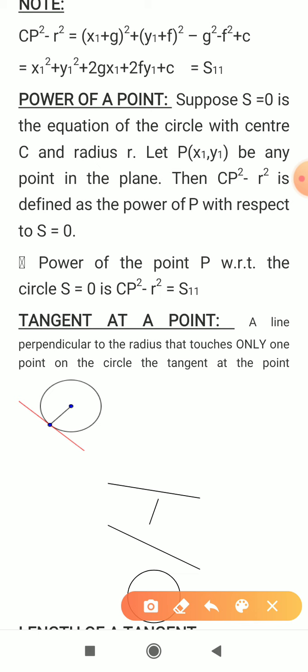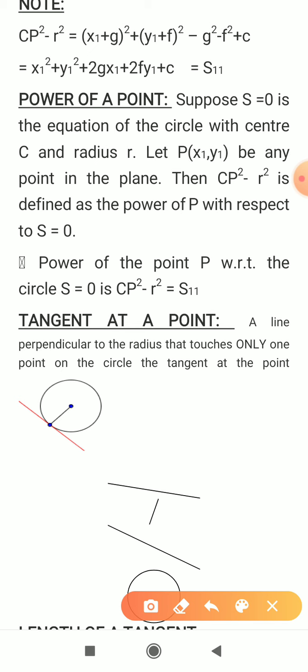Then the value of CP square minus R square, that is, the square of the distance CP minus the radius square, is defined as the power of P with respect to S = 0. That means to find the power of a point P with respect to the circle S = 0, it is enough if we find CP square minus R square.